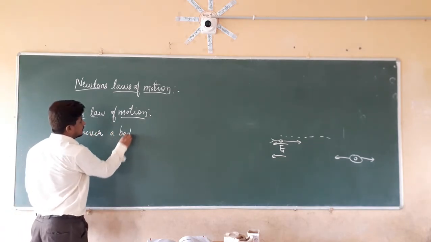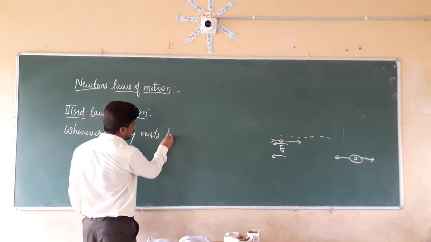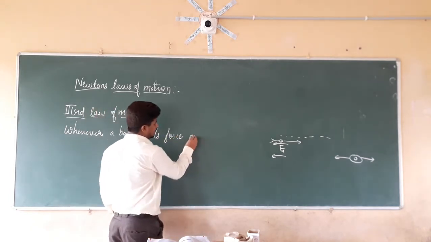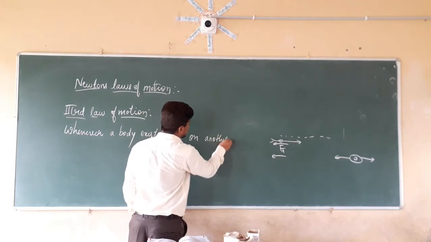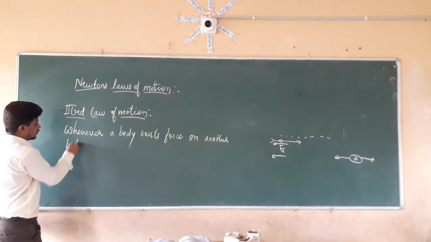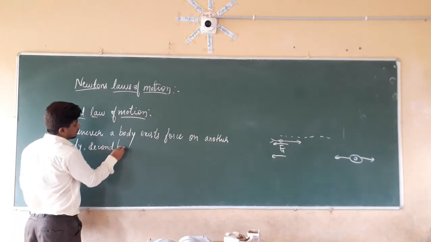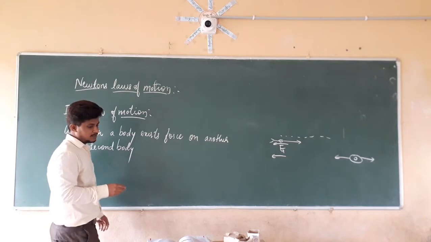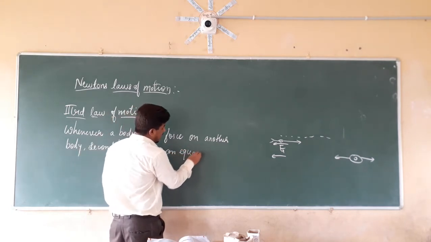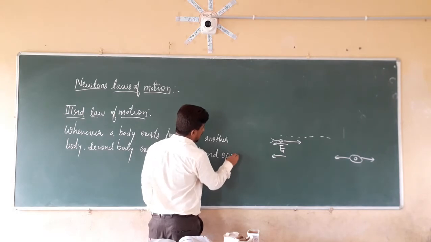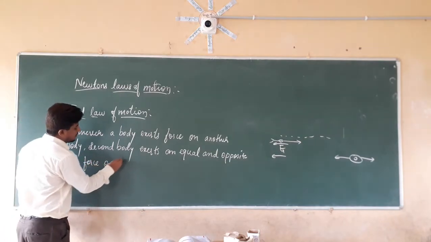Whenever a body, that is, an object, exerts a force on another body, the second body exerts an equal and opposite force on the first body.